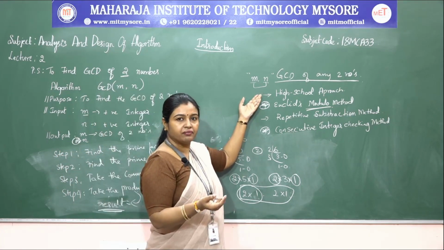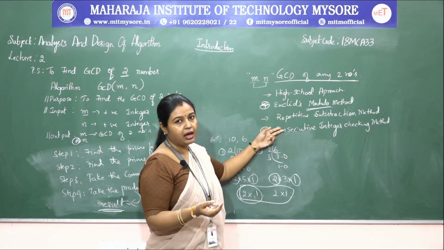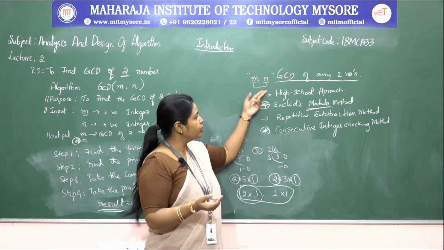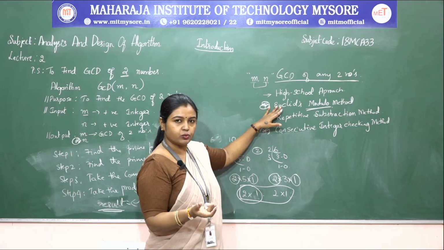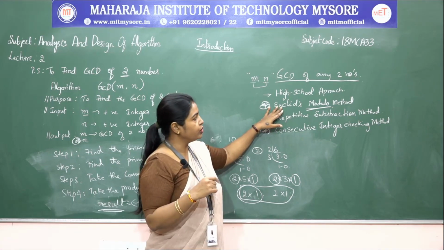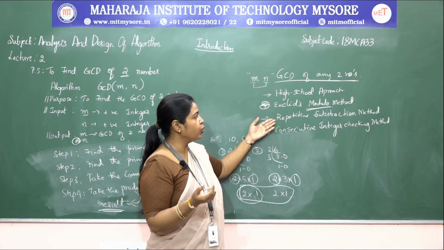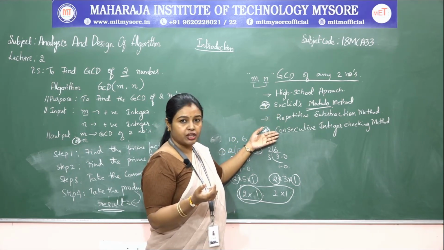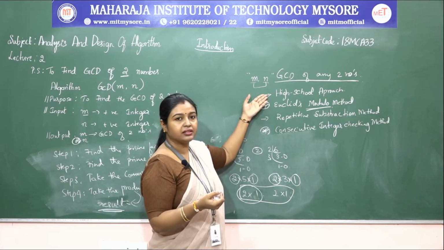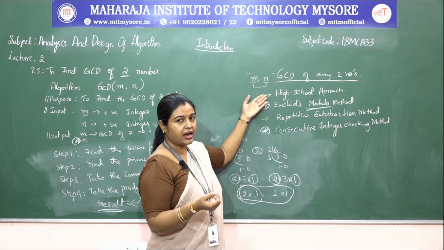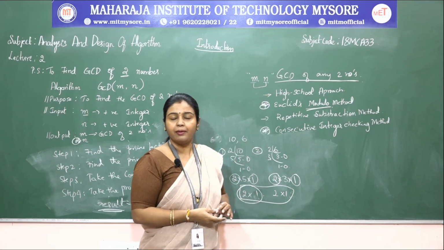If you analyze, definitely this is worse than these three algorithms. Okay, so now if you rate it based on the analysis or the number of iterations we have performed, here first place is Euclid's modulo method, second you can go with the consecutive integer checking method, and then the repetitive subtraction method, and then we rate last the high school approach method, that is by finding the prime factors.